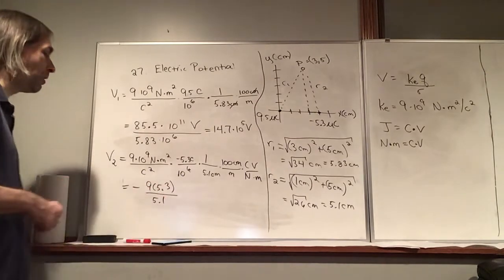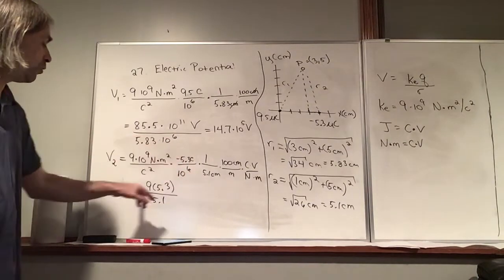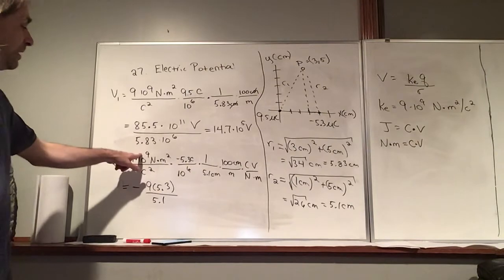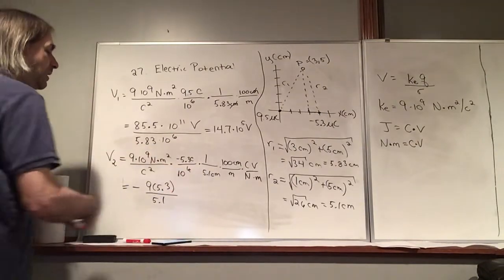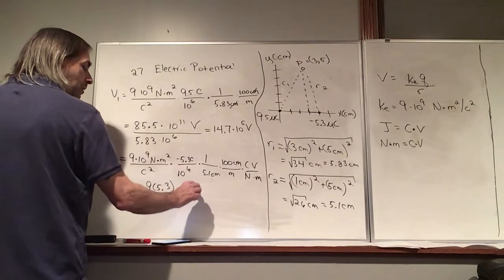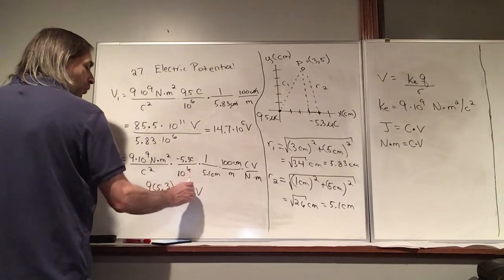So those are all the non-10 numbers. 9, 5.3, 5.1. We brought the minus sign out. And then we have 10 to the 9th times 100 is 10 to the 11th divided by 10 to the 6th. So that would be times 10 to the 5th power volts.